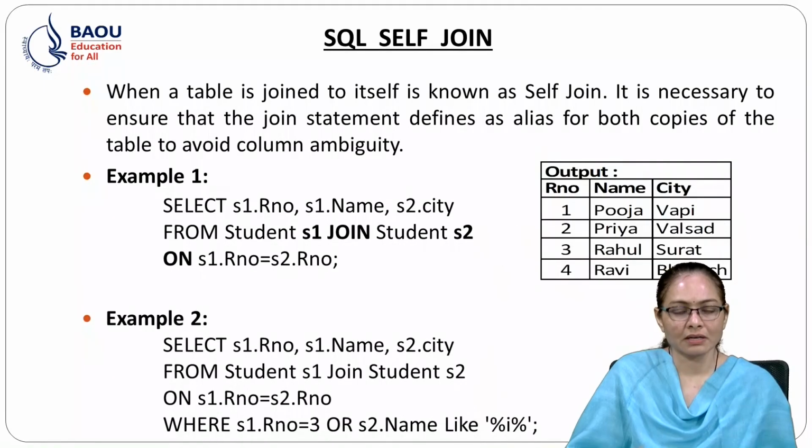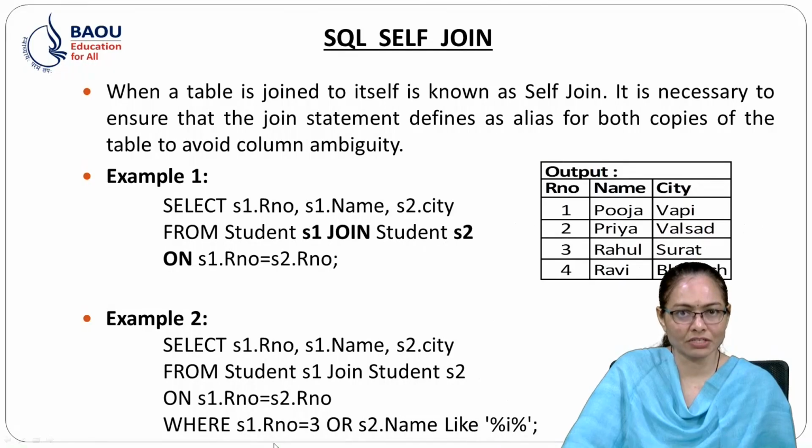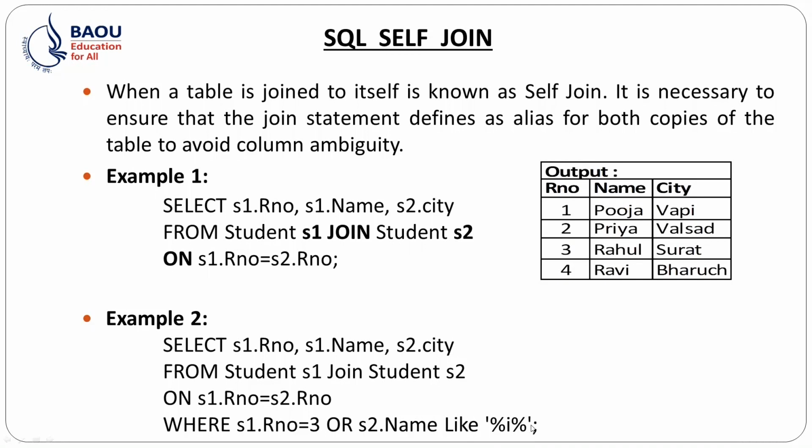See, another example, the same query using the where condition. Here we use the same condition, but with the where condition: where S1.roll_number = 3 or S2.name like '%i%'.